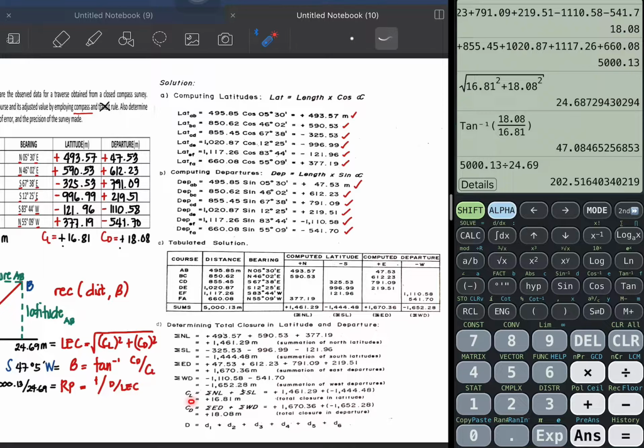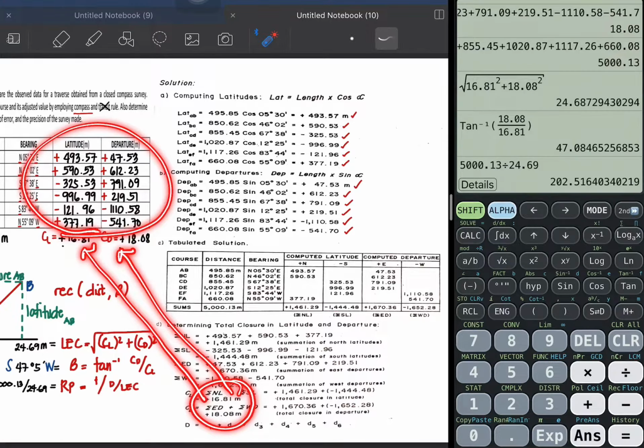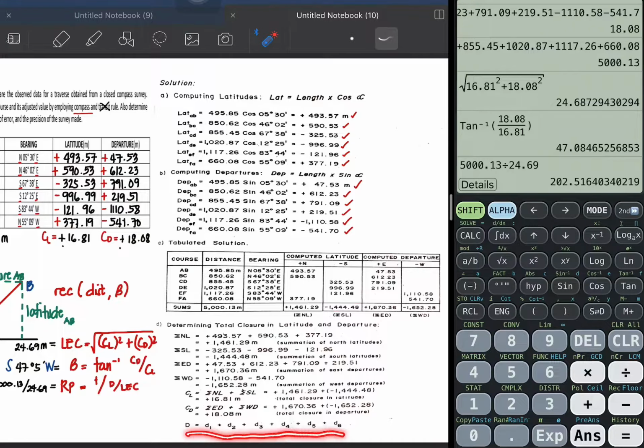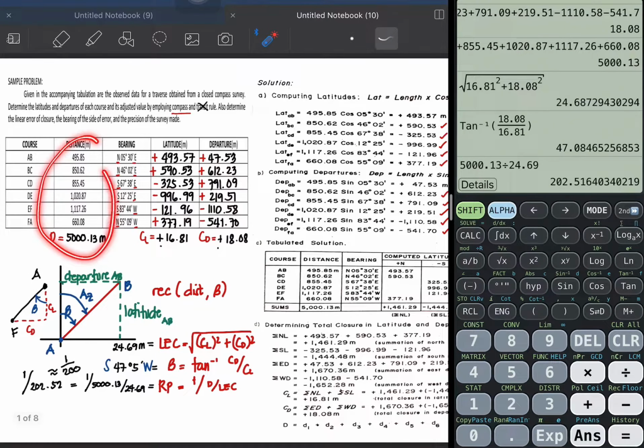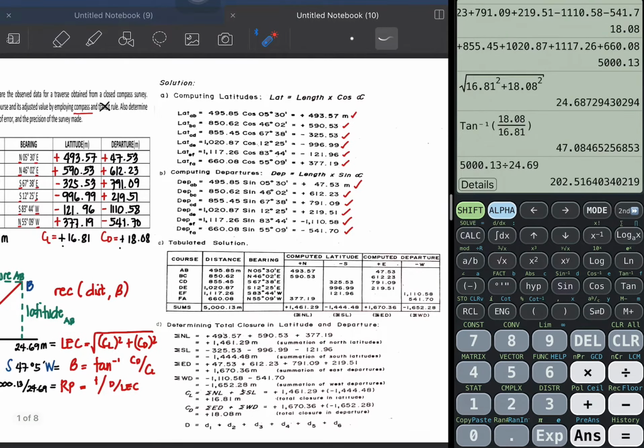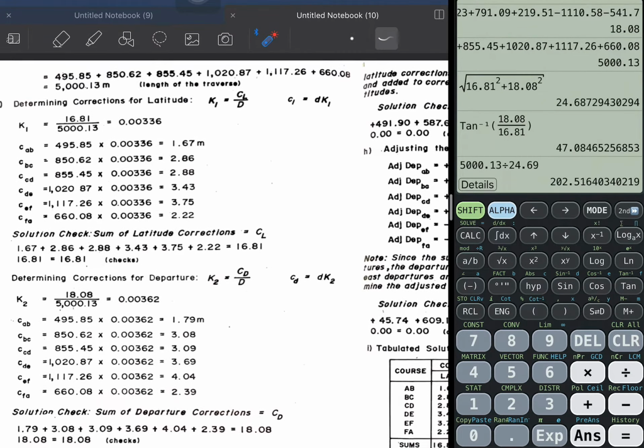So to solve for the total closure of latitude, you have the summation of north latitude and south latitude, and for the departure, east departure and west departure. So the same answers as in these tabulations. Next is to solve for D, which we already solved. That is 5013. So let's check if it's the same.